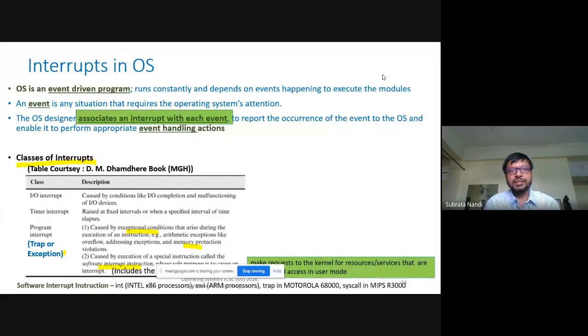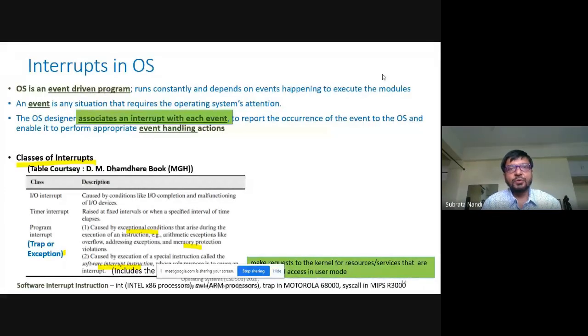Many such events can be defined, and the OS designer's responsibility is to find all possible events related to input output or error conditions, and define a particular interrupt corresponding to each event.